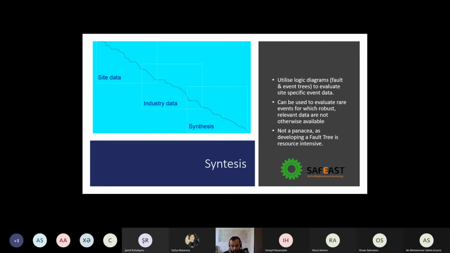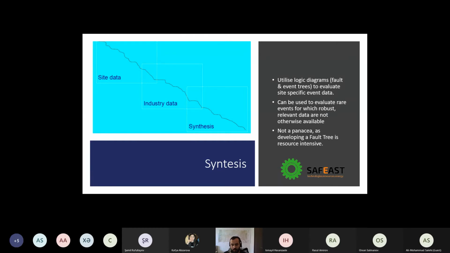Synthesis methods like FTA or ETA can be used to evaluate rare events, where robust, relevant data are not available, because you may want to investigate a case which maybe never happened. Then you cannot use your past experience, and industry experience may not be relevant. That's why we use fault tree and event tree to synthesize and modify this for your specific case.